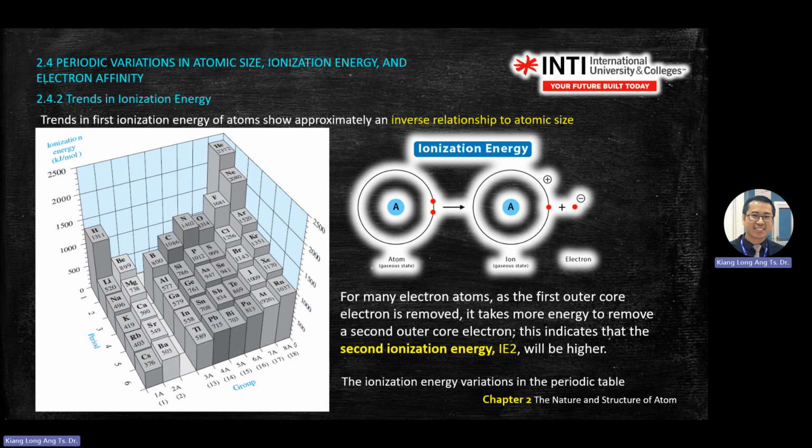This means, by these slides, the second ionization energy will be higher. Because you removed the first one already, the core has become stronger. The second one at the outside is pulled inside a little bit, so you need more energy to pull it out.